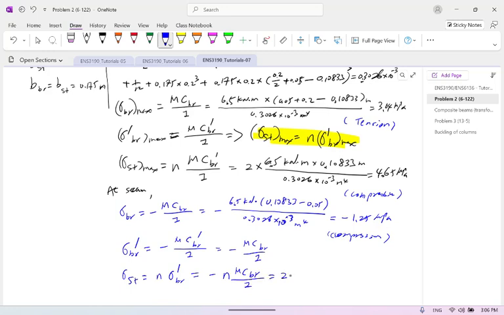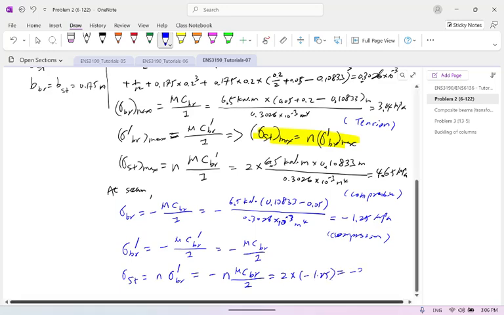So it's 2 times negative 1.25. So that's why we can see negative 2.5 megapascal, also in compression. So you can see steel and the brass at the same location, the value will be different. Clear? So from here, you can get this idea of how we can get the values.